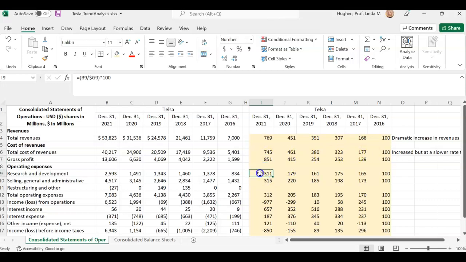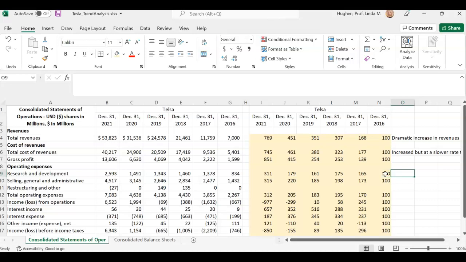How do our operating expenses change over the period? Research and development. While revenues went up almost eightfold, research and development expenses increased just threefold, which is great.